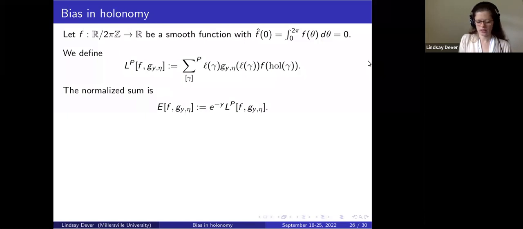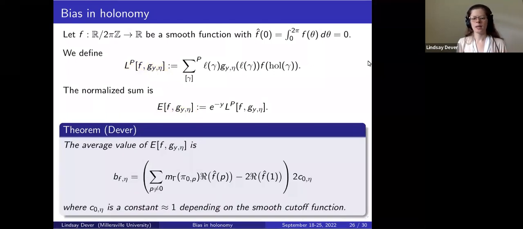Okay, so we define our sum. This is our bias count. And then we can normalize this by dividing by e to the y to get our normalized bias count, which we write as E of FG. And remember, G is the smooth length cutoff.